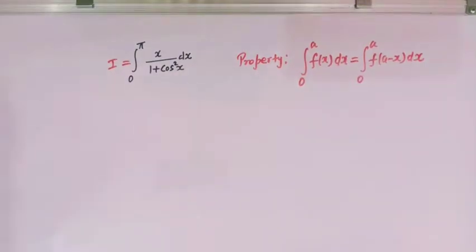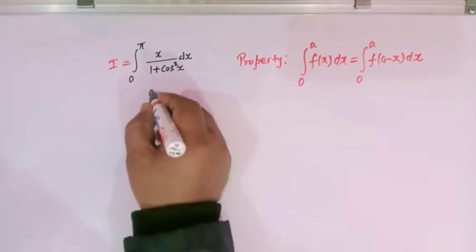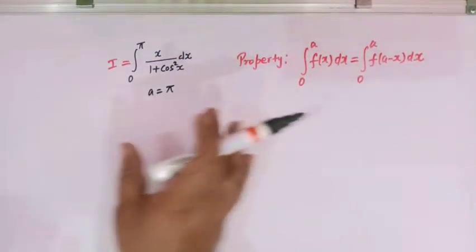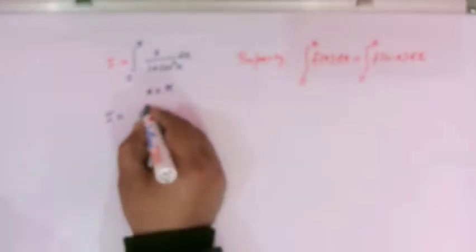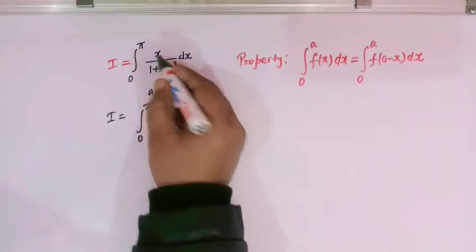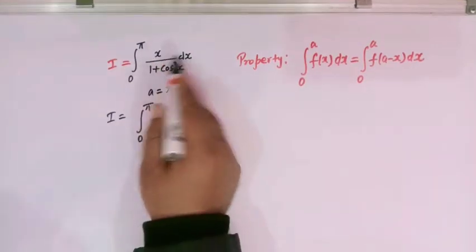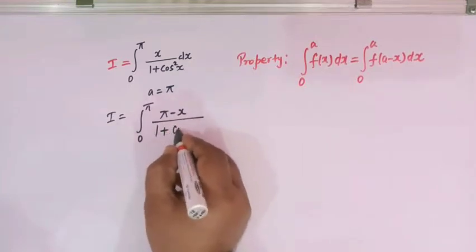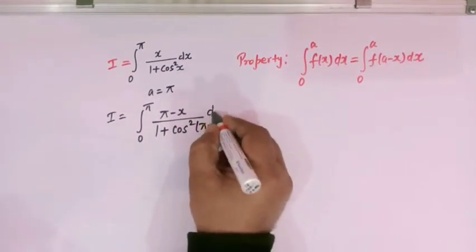So here we have pi for a, and we'll make use of this property for this integral, right? So now this integral I can be written as 0 to pi, and x would be replaced by pi minus x. So here we have pi minus x, and here we have 1 plus cos square pi minus x, right?